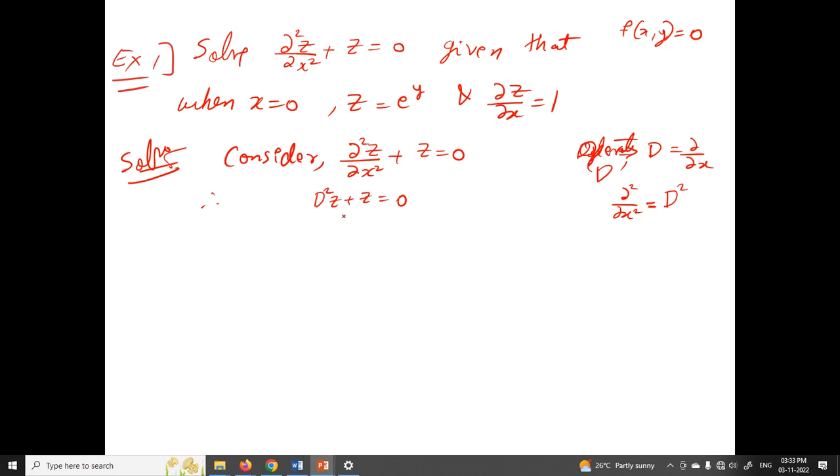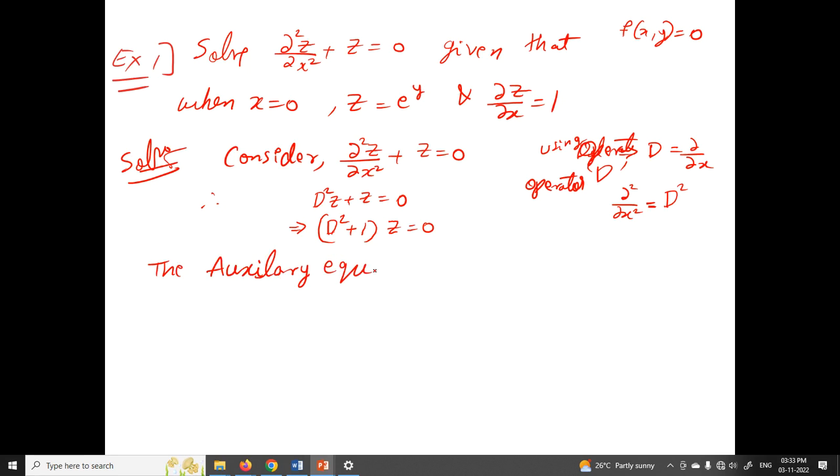So first always you have to convert this equation into D form, that is, using the operator D. Then you can simplify this equation: (D² + 1)z = 0. Now we are going to take the auxiliary equation.